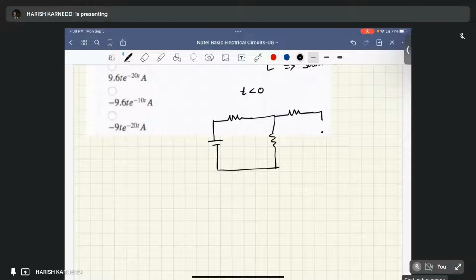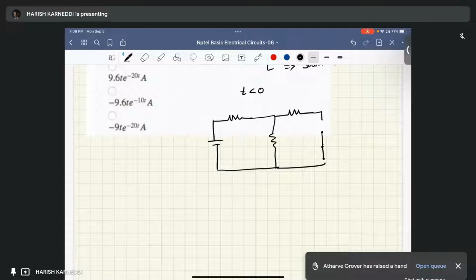The capacitor acts as an open circuit and the inductor acts as a short circuit. This is the circuit for t less than 0, right? Here the voltage is 30 volts, the resistance is 10 ohm, here it is 40 ohm and here it is 60 ohm. Here it is VC of 0 minus, here it is IL of 0 minus, right?